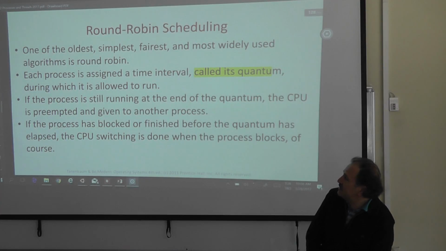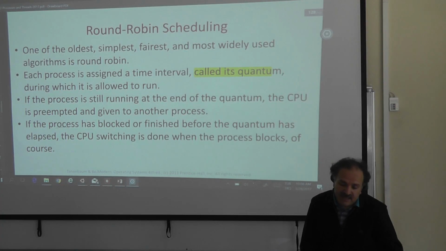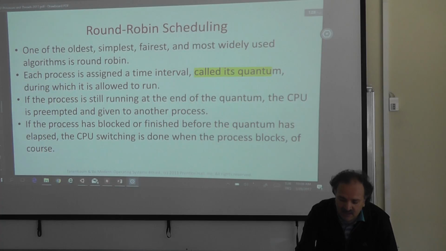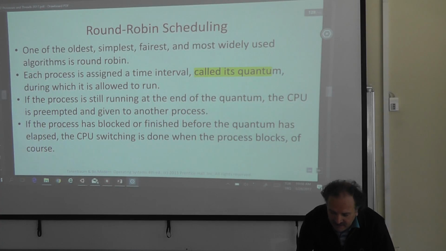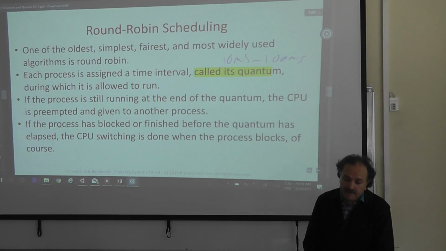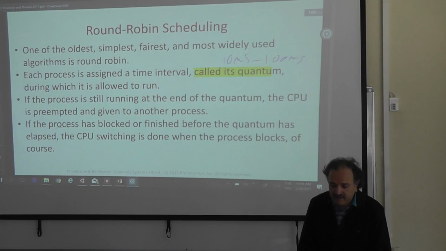It is assigned to each process. Each process can take at most this much amount of time. Maybe let's say 10 milliseconds or sometimes 100 milliseconds. It depends on the system, and we looked at the definition. We looked at how we calculate this value actually.